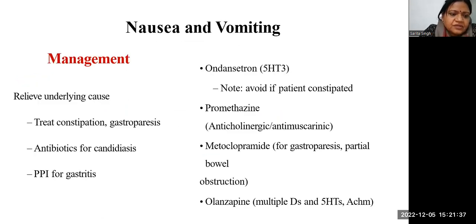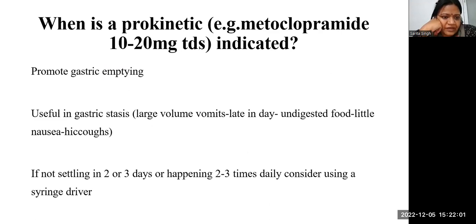In the management, relieve the underlying cause. First, treat the underlying cause. Then the drug of choice is ondansetron, but ondansetron can cause constipation also. Be careful and treat constipation as well as the nausea and vomiting. Next, you can add a PPI.